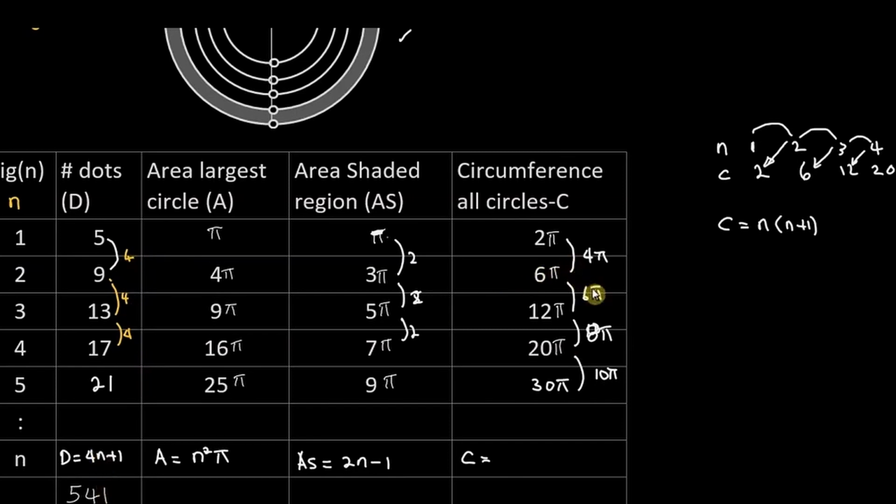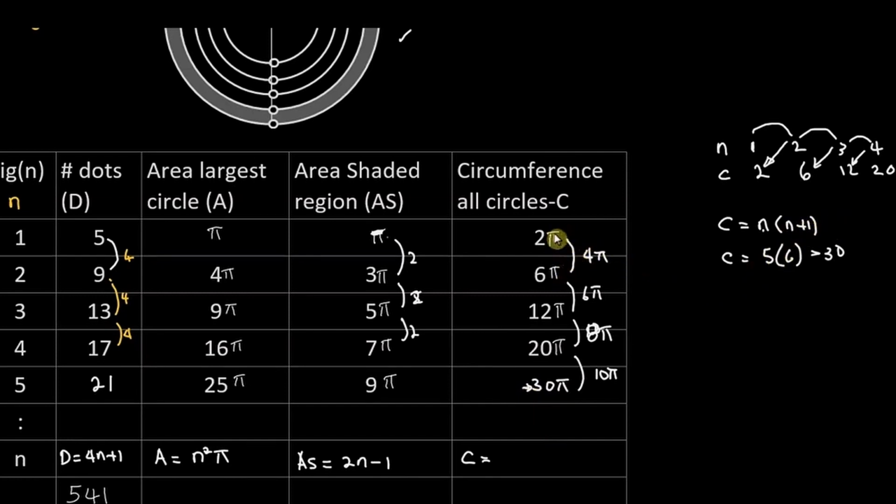If the difference is not uniform, use n to establish your pattern. So in this case, I'm just noting that 2 times 1 is equal to 2. So for example, as a predictor, when n is equal to 5, we could say that C is equal to 5 times 5 plus 1, which is 6, is equal to 30, which we can show here as being accurate. So this is a very useful thing to recognize.